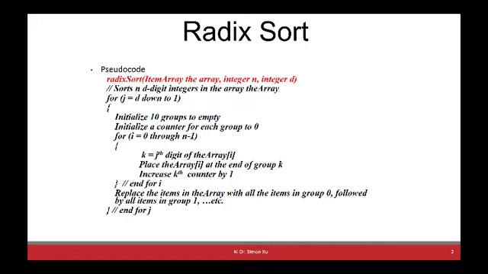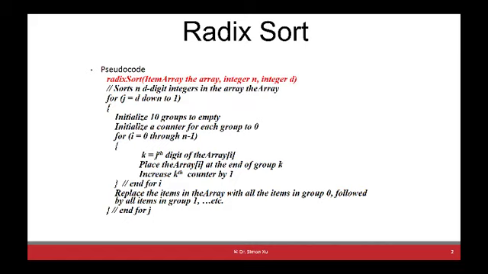So what is the time complexity for radix sort? Suppose the number of digits in our integers, k, is a constant, and the maximum size of integer is a constant.